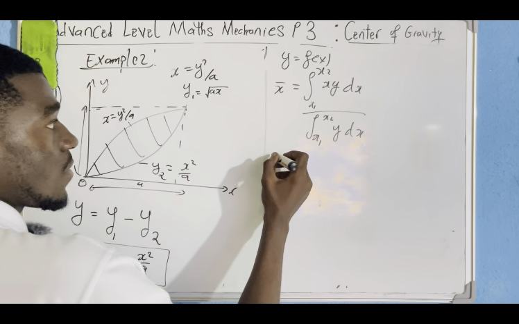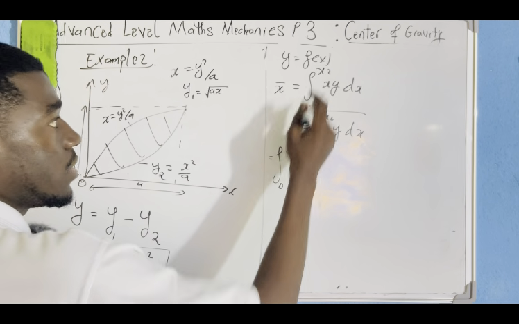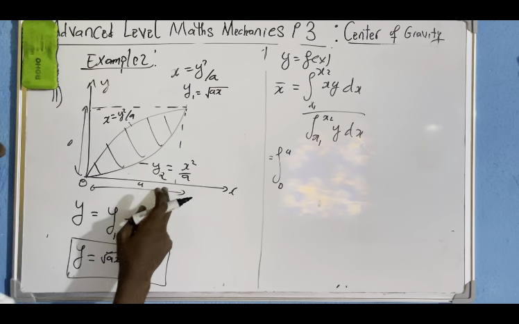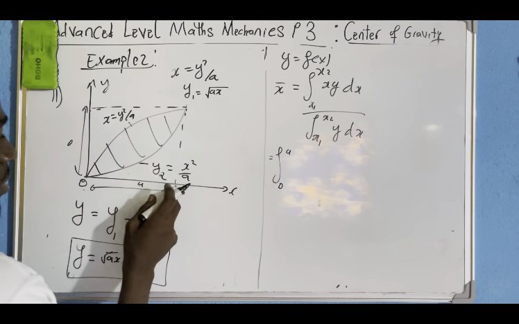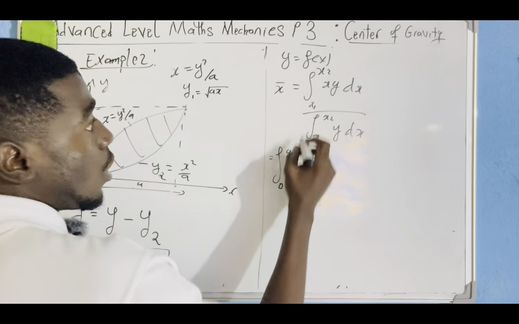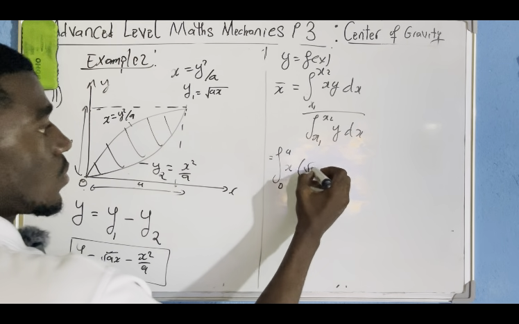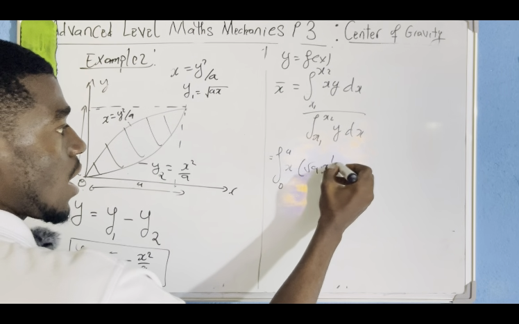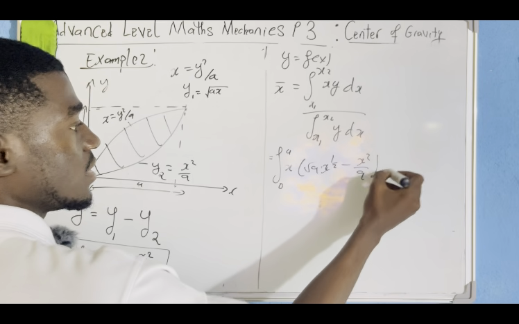So I will first come and find, for this one, the integral from 0 to a, because the distance from here to here is denoted as a, of x in bracket. My y is this one, square root of a x to the power half, minus x squared all over a, dx.